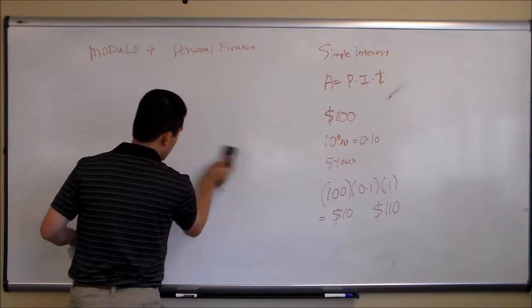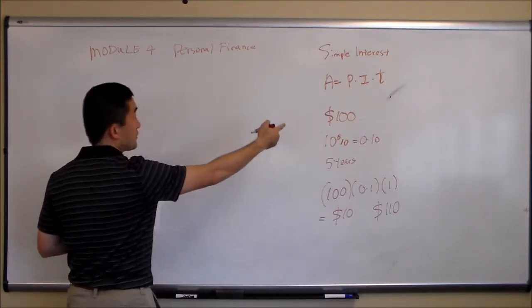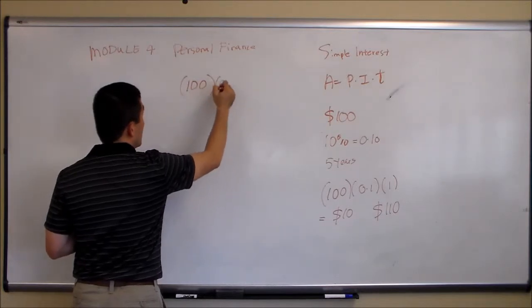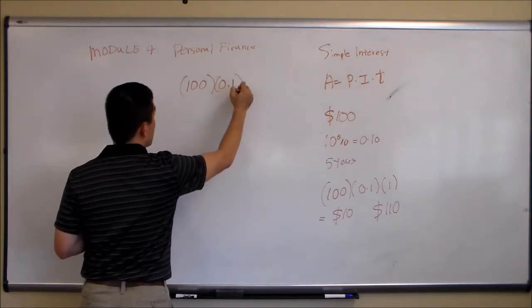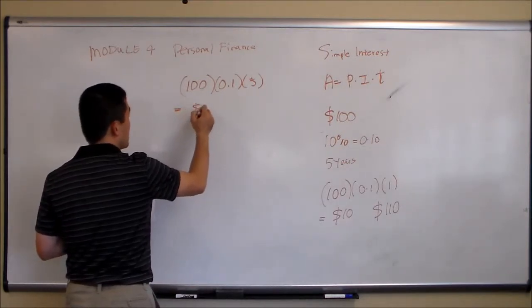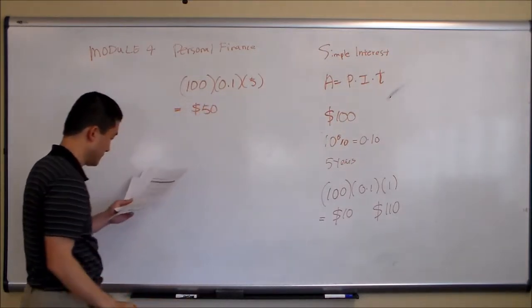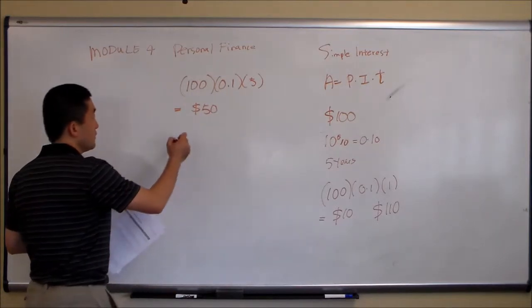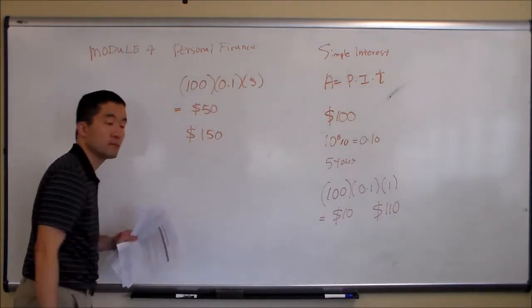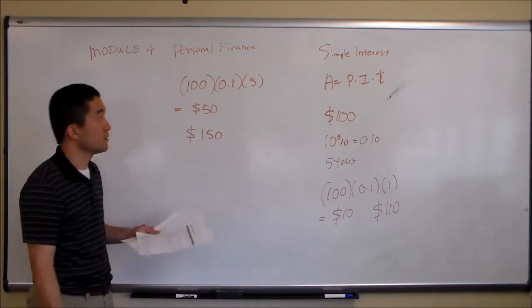How about after 5 years? Just increase the time to 5 years. So 100 times 0.1 times 5. This would be $50. So at the end of the 5th year, you pay back $150. Pretty simple, and that's why it's called simple interest.